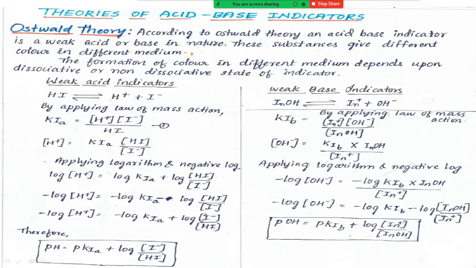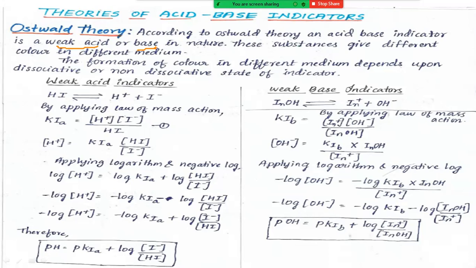So according to Ostwald theory, all indicators are weak acids and weak bases. What is the reason for this? That means why are indicators in the weak acid or weak base form, right? For example, if an indicator is a strong acid or strong base, then immediately the substance we are estimating will react with the strong acid or strong base.